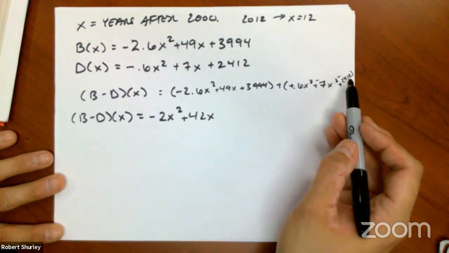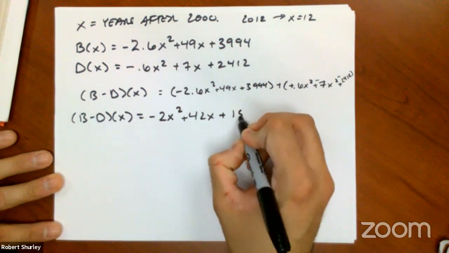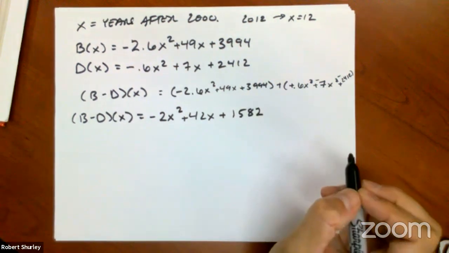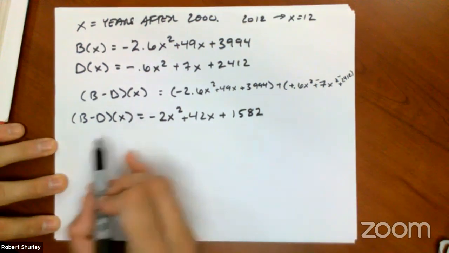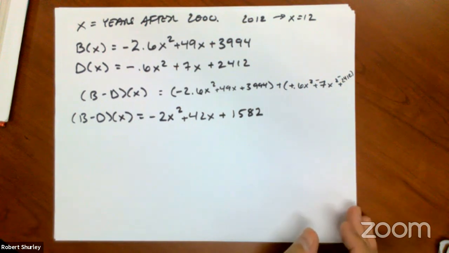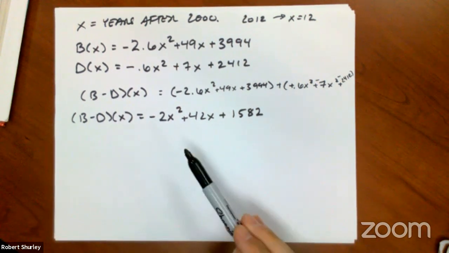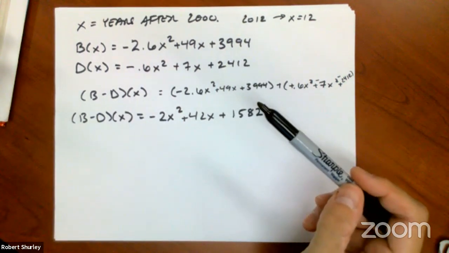I'm going to be a little lazy and just steal it from the book. It winds up being plus 1582. So we have the equation for the differences. This is kind of a real world scenario on the equation of the differences. And that's part A.